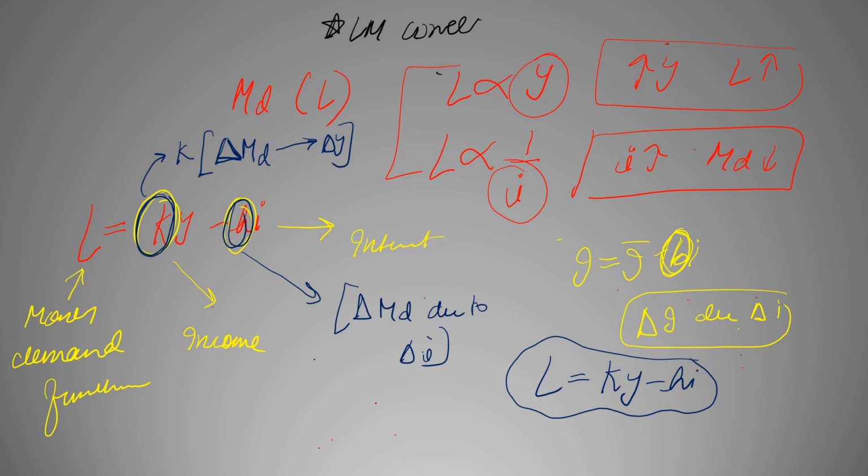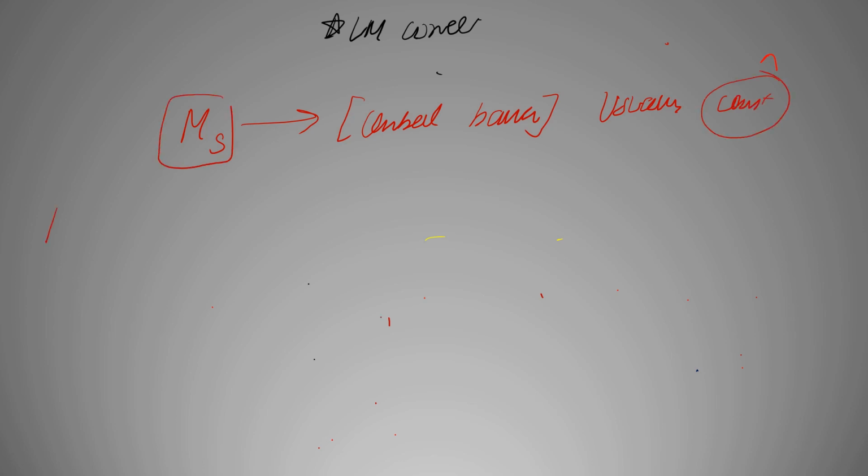Now let's come to money supply. First, we all know that money supply is in total control of the central bank, right? So it's usually constant. Also, when we talk about money supply, we are not talking about nominal money supply. We are talking about real money supply.